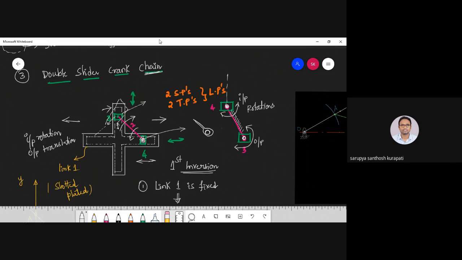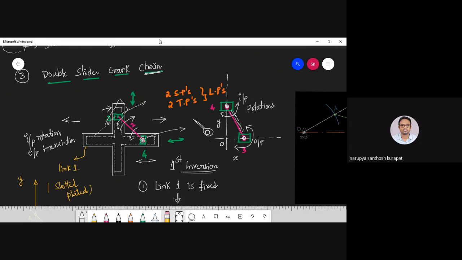If I take this as my y-axis and this as my x-axis, with respect to the origin, the third shaft axis is placed at an x distance, yes or no? And this fourth shaft is placed at a y distance. Here the x distance is 0 and the y distance is 0. So I'm going to get the same output.